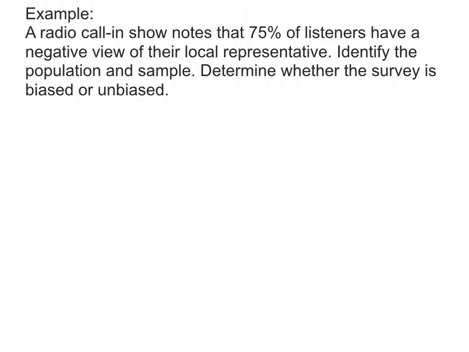So here's an example. A radio call-in show notes that 75% of listeners have a negative view of their local representative. In this survey, identify the population and sample, then determine whether the survey is biased or unbiased. So, what's the population here?